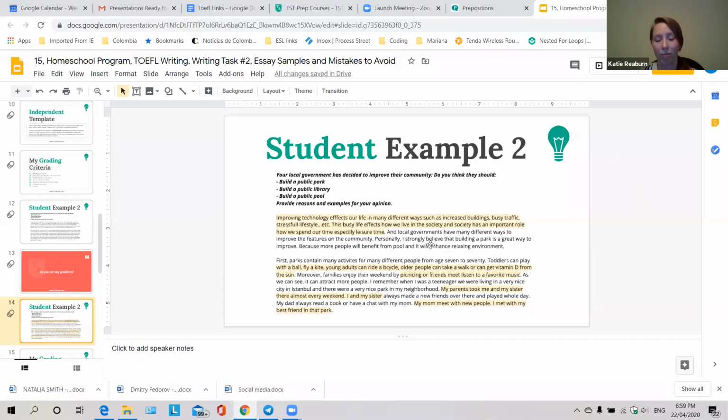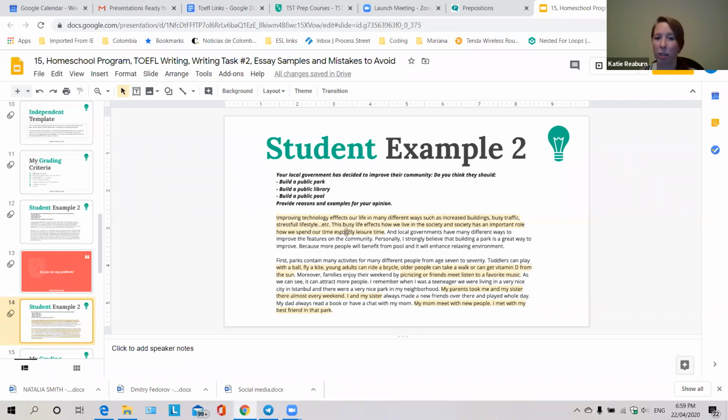With this one, the introduction is going overboard and off topic. I mentioned this in the video last week, but I'll just quickly go over it again. Talking about technology and traffic, stress, being busy are not really connected to facilities improving the community.